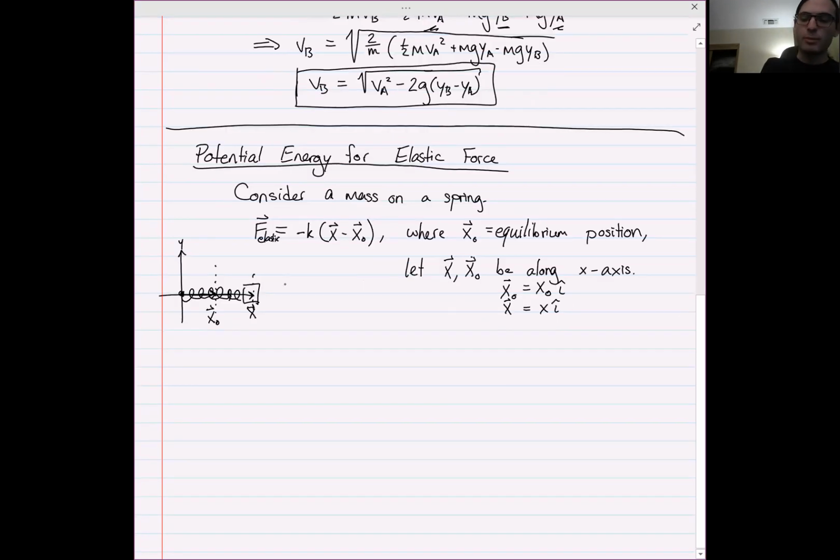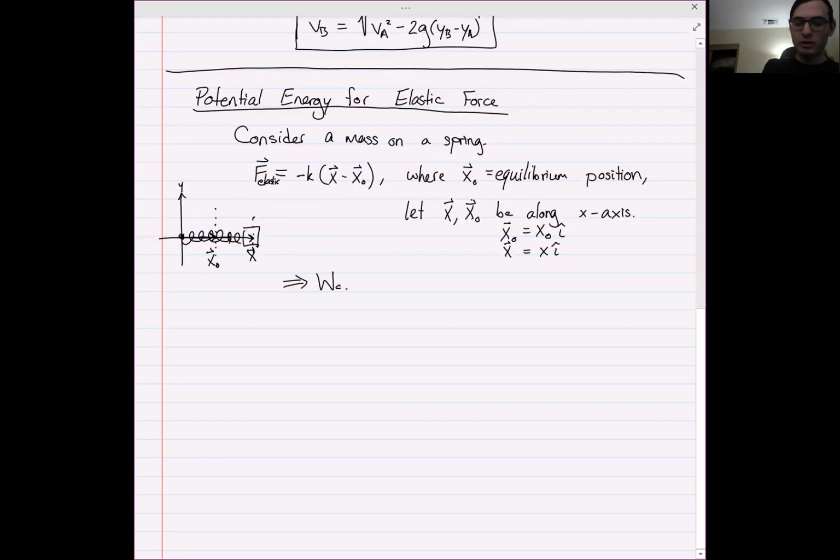With this setup, the work done by the spring from position A to B, where it starts at position xA and goes to position xB, would be an integral from xA to xB of negative k times x minus x naught dx.